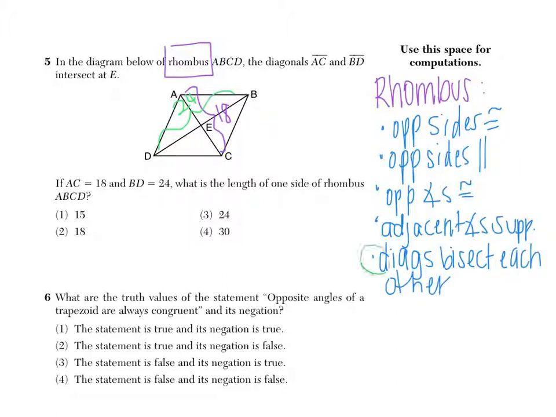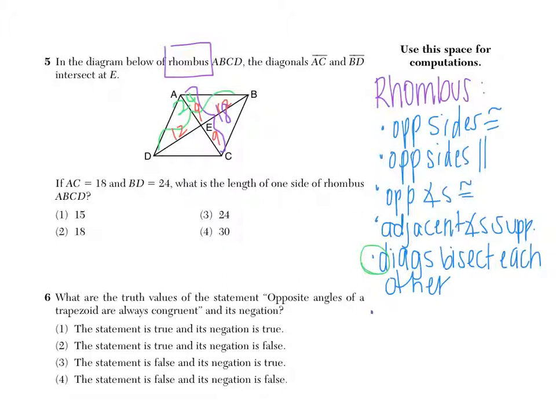This property, the diagonals bisecting each other, is actually going to help us out here a little bit, because with those diagonals that bisect each other, we can split up this segment AC that's 18 into two pieces that are both 9. Same thing with the 24 can be split up into 12 and 12. Bisect means to cut in half, so they cut each other into equal pieces.